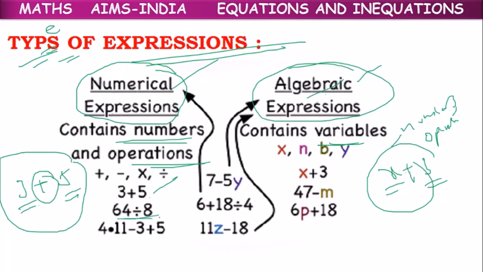So 64 divided by 8, numerical expression. 4 dot 11, dot stands for into. 4 into 11 minus 3 plus 5, it's a numerical expression.